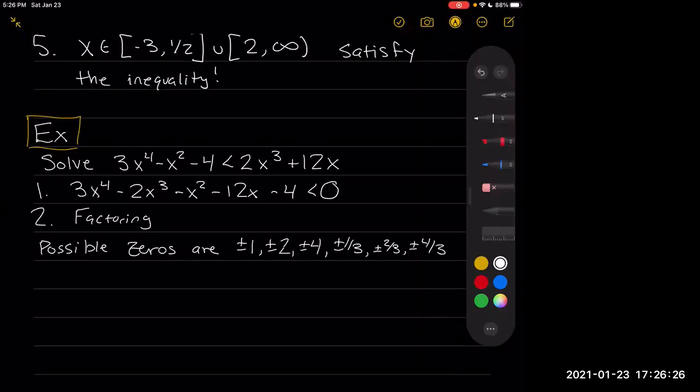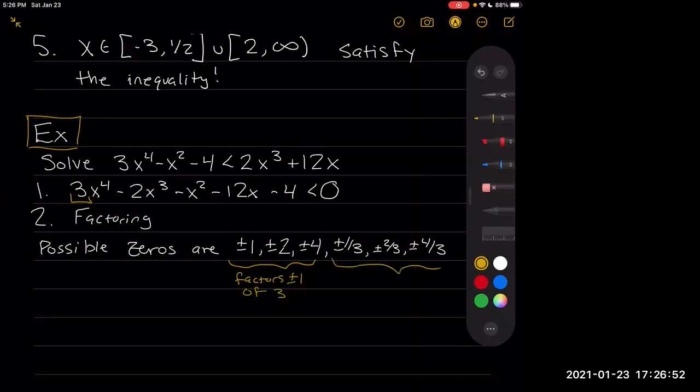And this is because up here, our leading coefficient has a 3, and the factors of 3 are plus or minus 1 and plus or minus 3. And our factors of 4 are plus or minus 1, 2, or 4. So these are when we're looking at factors plus or minus 1 of 3.